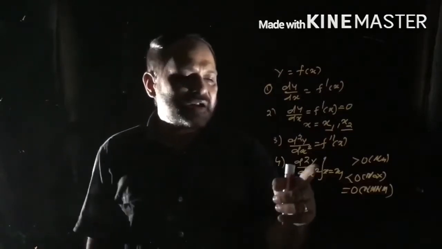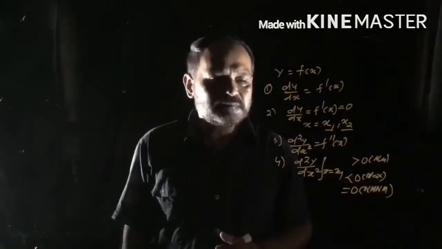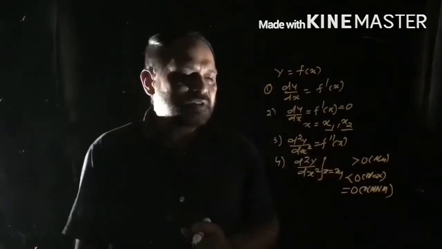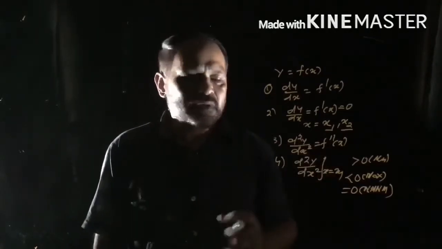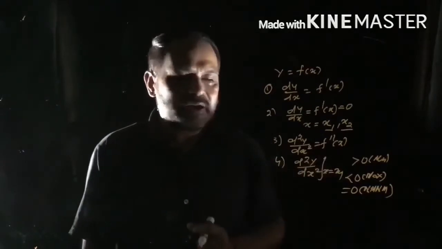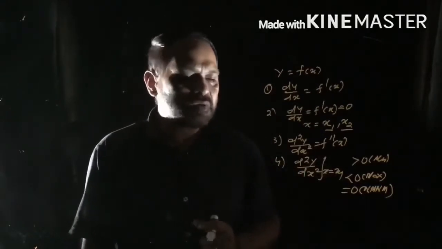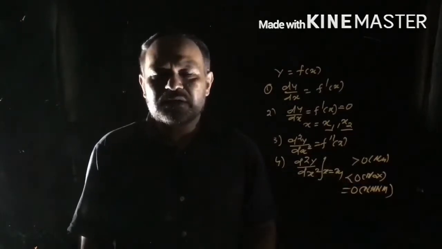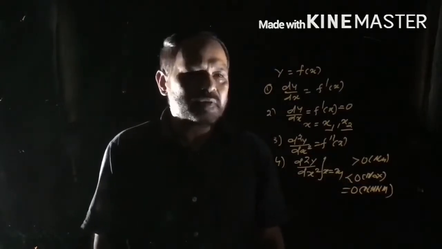It means at x equal to x1, if the double derivative is positive, then the function is minimum. If the double derivative is negative, the function is maximum. If the double derivative is 0, then the function is neither maximum nor minimum.